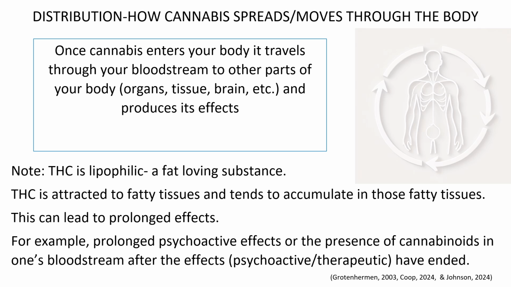Excessive. And the presence of cannabinoids in one's bloodstream is simply that you could test positive for cannabinoids weeks after you've consumed cannabis, even though you have not consumed cannabis since that, 4 weeks in that time period.